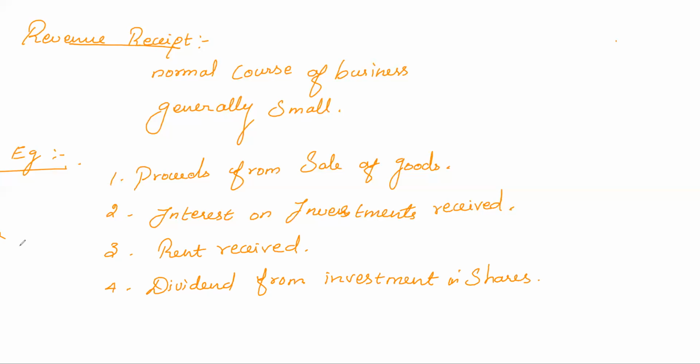That is the answer for the first one. Then second one: a factory shed was constructed at a cost of rupees 2 lakh. A sum of rupees 10,000 had been incurred in the construction of temporary huts for storing building material. So this is also construction of temporary huts, building construction. So the first one is capital expenditure, then the second one also capital expenditure.